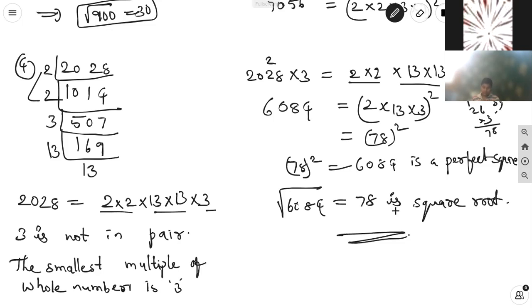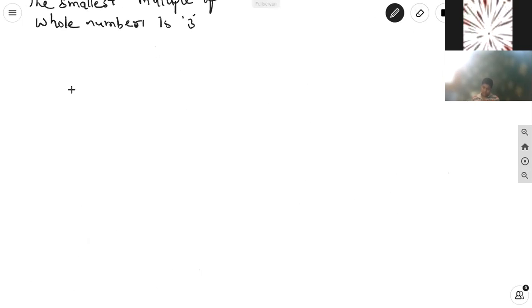Fifth problem. 1458. Find the factors by the factorization method.